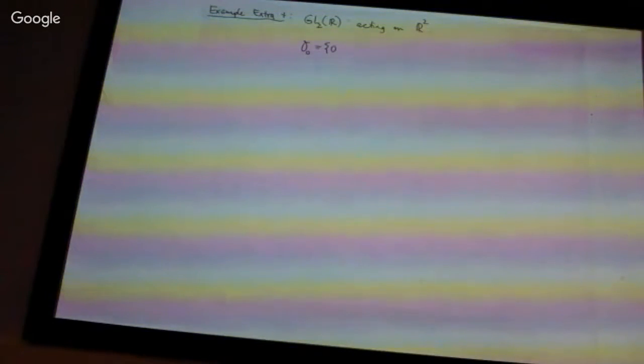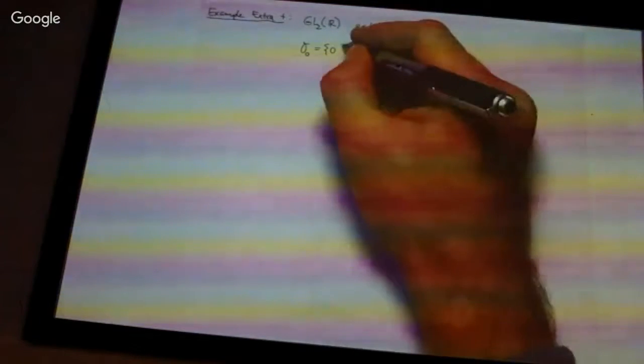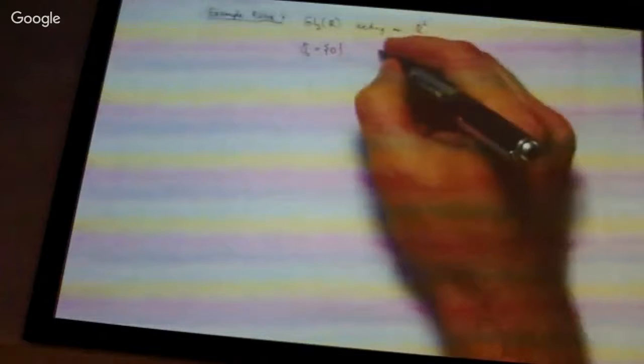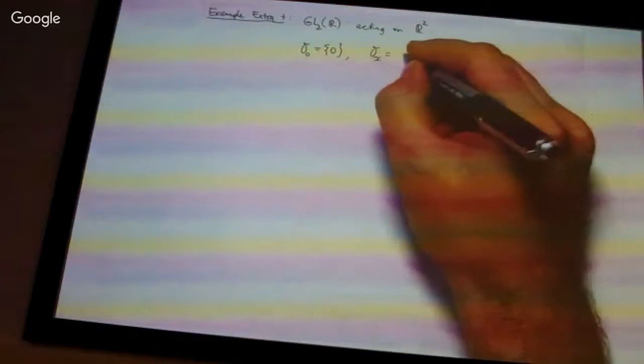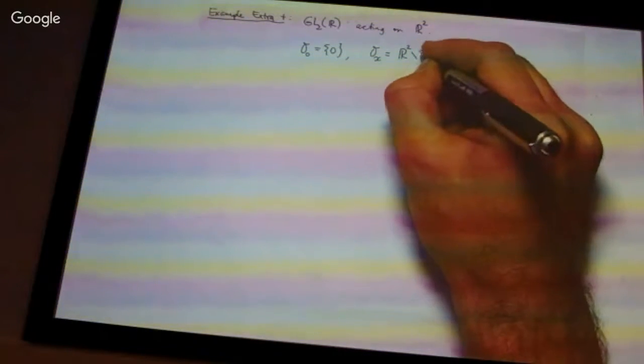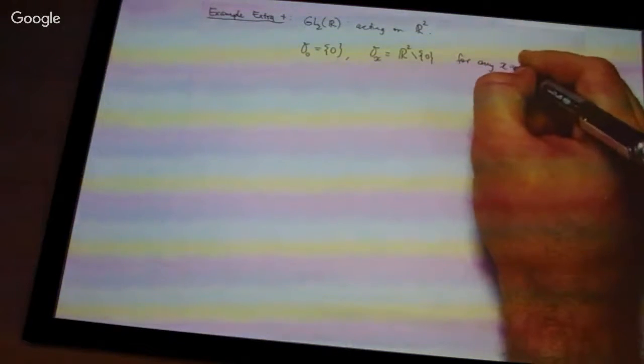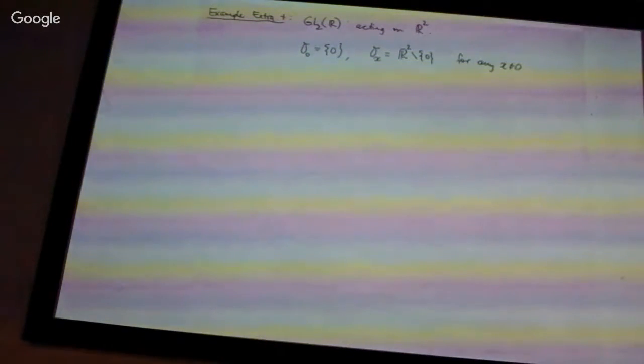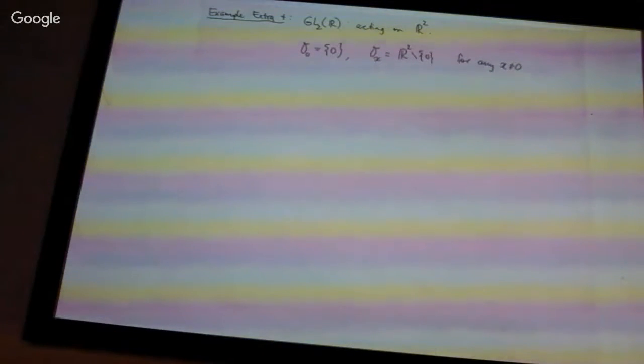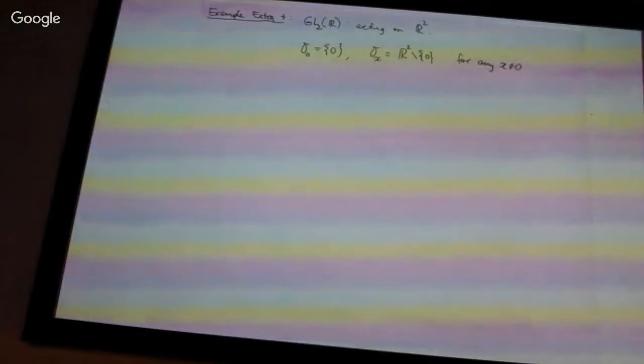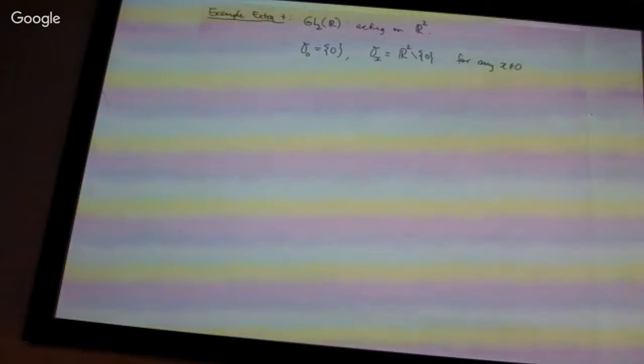There are several ways to prove that there is nothing else, and then there's another orbit, which is the rest: everything other than the origin. Because you can always map any non-zero point to any other non-zero point using a linear transformation, but you can't put anything to zero.